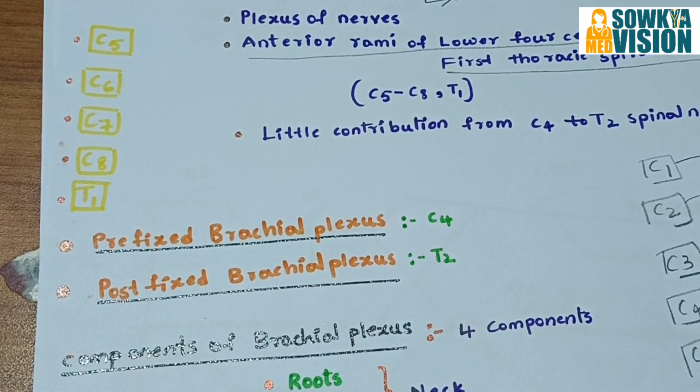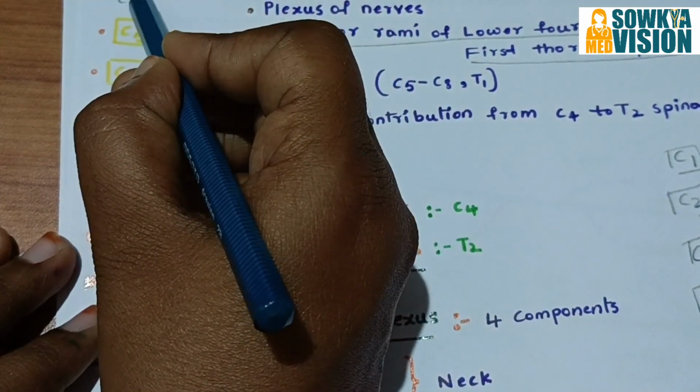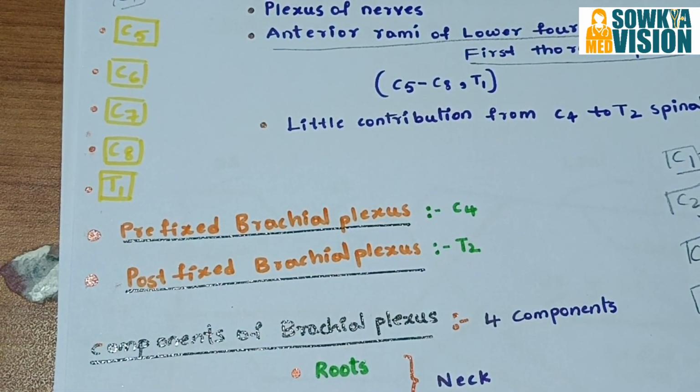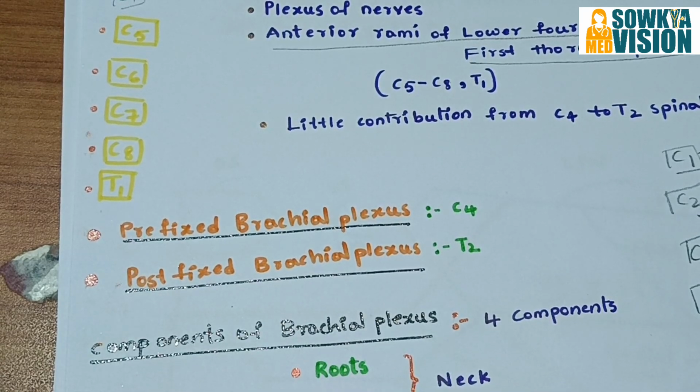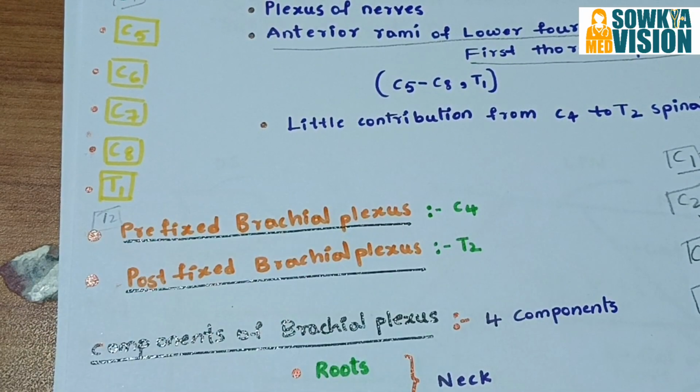For example, if C4 is present, the root value of the brachial plexus will be C4, C5, C6, C7 and C8. Sometimes there will be the contribution of T2. Then the root value will be C6, C7, C8, T1 and T2.